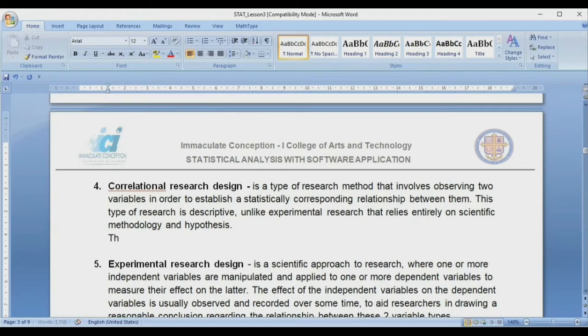Example na pa-title, the relationship between learning styles and math achievement. Ayan. So we have here two variables that we're getting the relationship of, learning styles and math achievement.